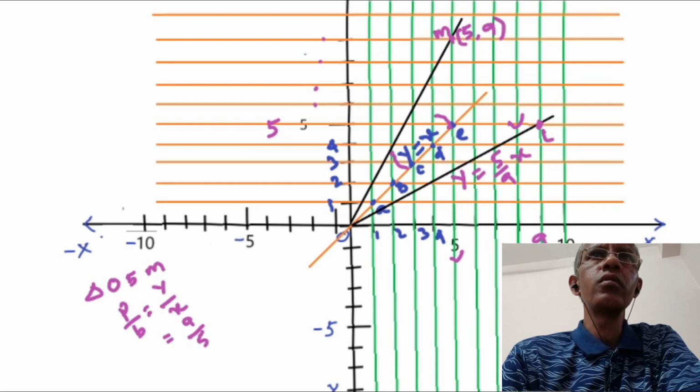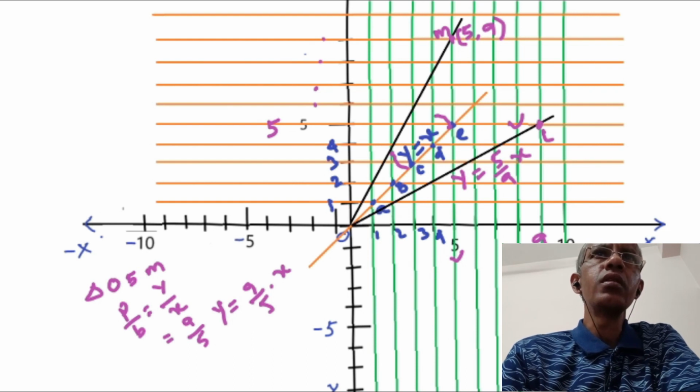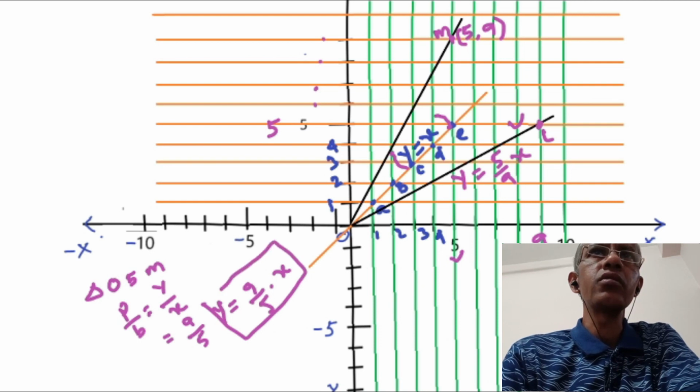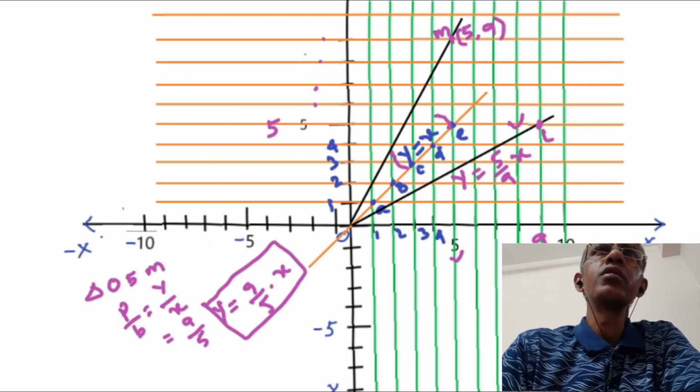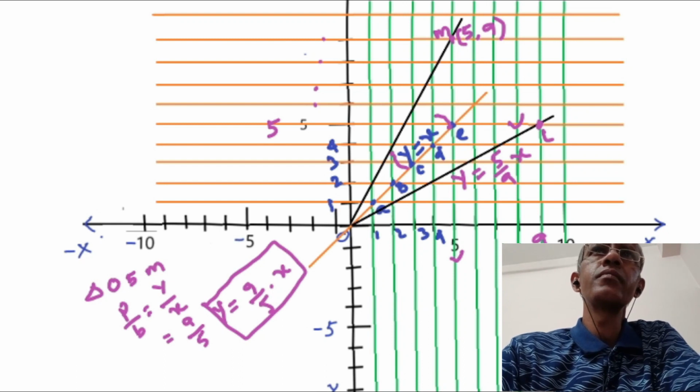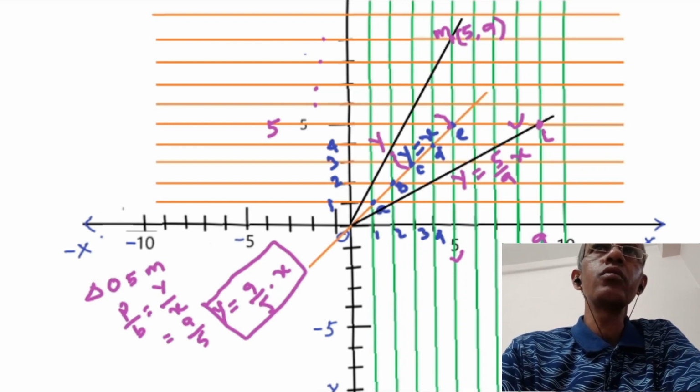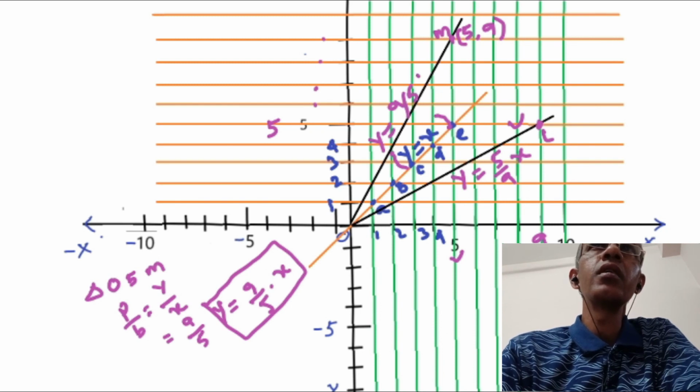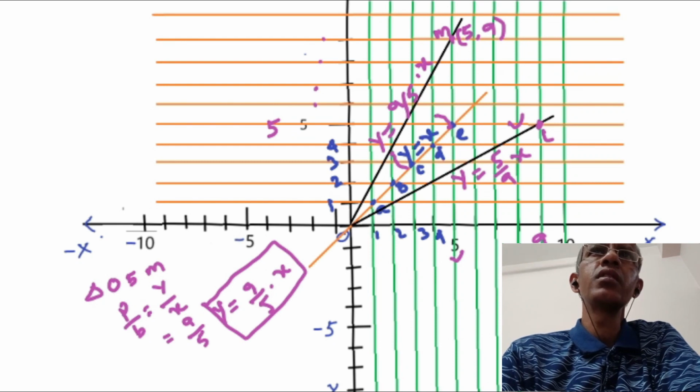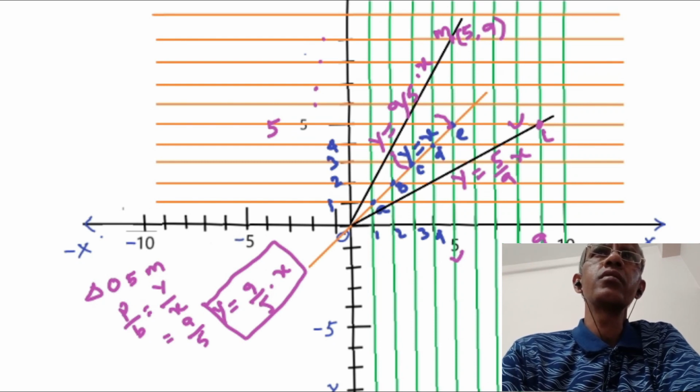Y would be equal to 9 by 5 into x. So this would be the formula for the line that we have drawn recently. So we can write here y is equal to 9 upon 5 into x. This is the new formula for the new line that we have drawn.